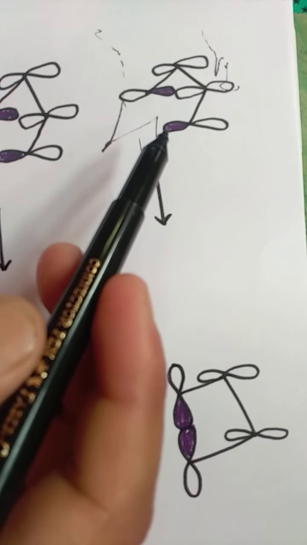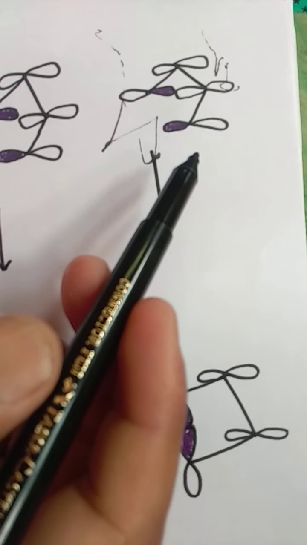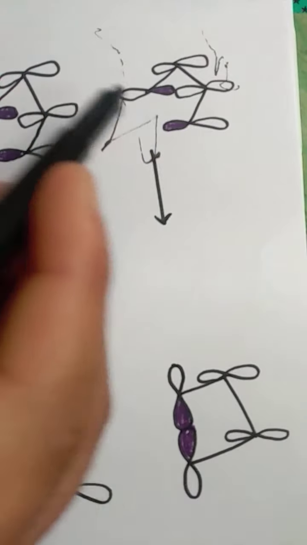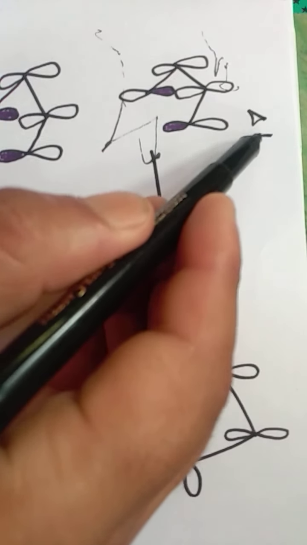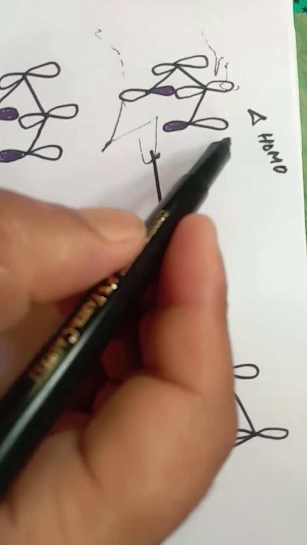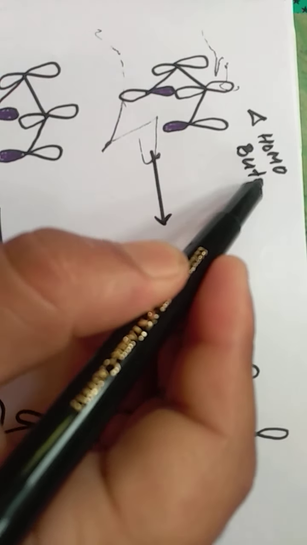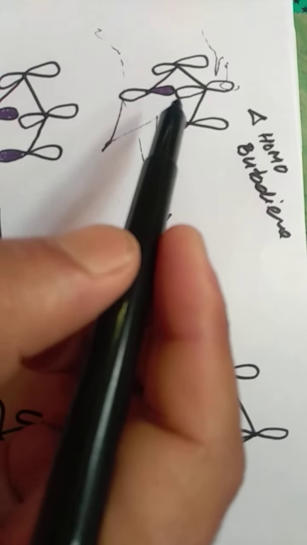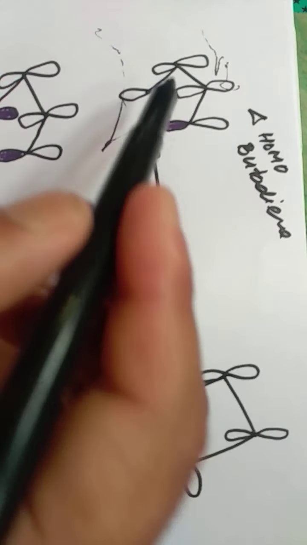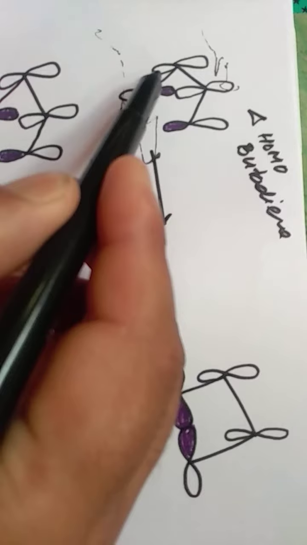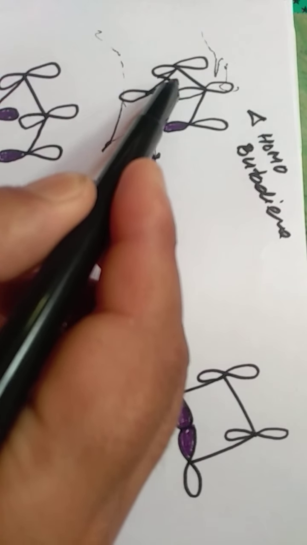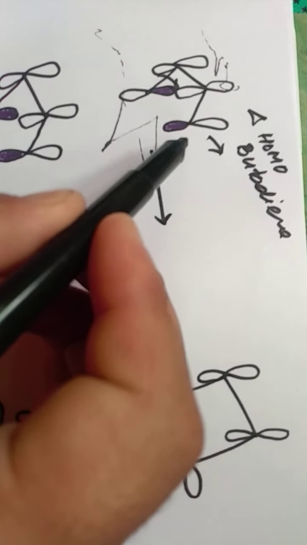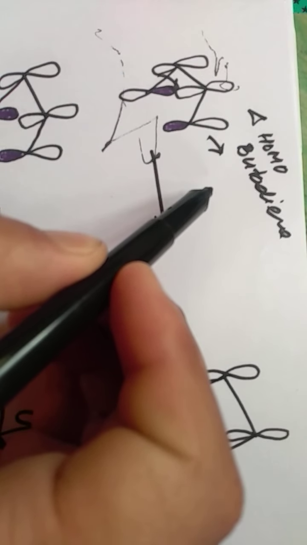Now, why is the thermal conrotatory reaction there and the thermal disrotatory reaction not there? This is the thermal HOMO of butadiene, right? In this case, if we rotate these bonds conrotatory, this lobe moves to this side and this lobe moves to this side.